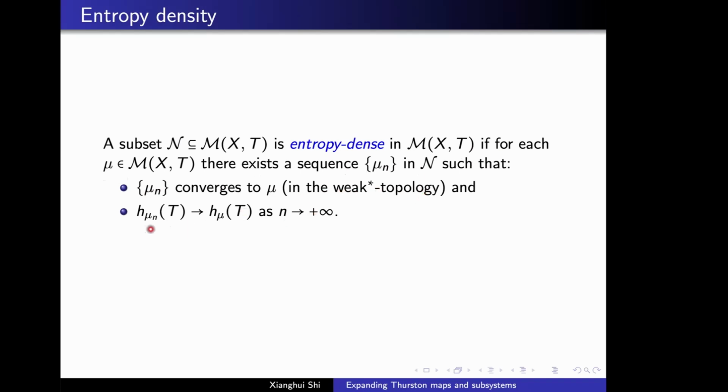Second, the measure-theoretic entropy of mu_n converges to h(mu) as n tends to infinity. So this condition is stronger than just dense: not only dense in the sense of topology, but also dense in the sense of entropy.